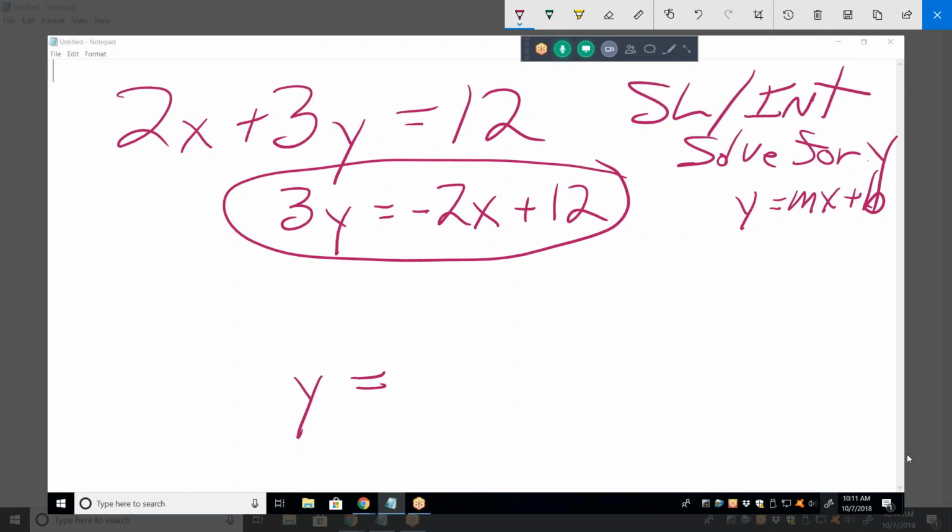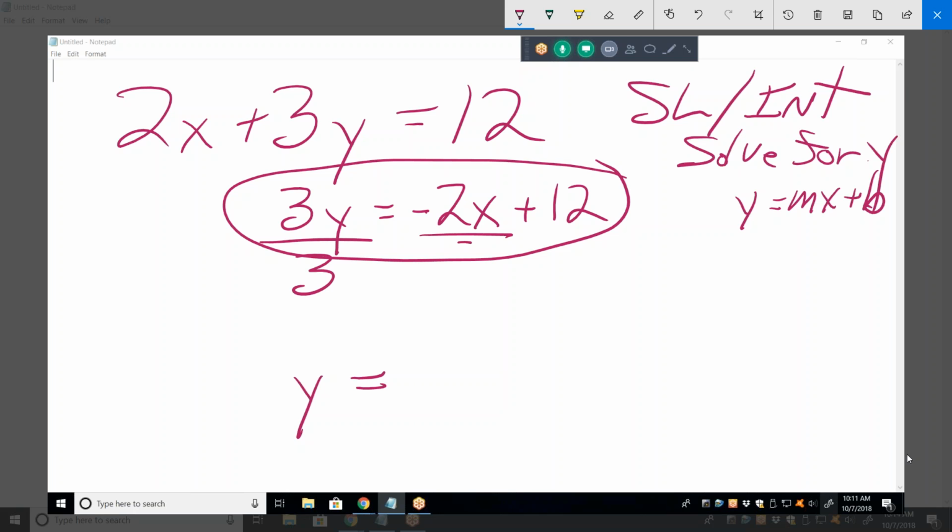Okay, what do we have on the left side of that equation that's not y? 3. What is 3 doing to the y? Is it adding? Is it subtracting? Is it multiplying? Or is it dividing? Multiplying. Which means I got to do what to get rid of it? Divide.